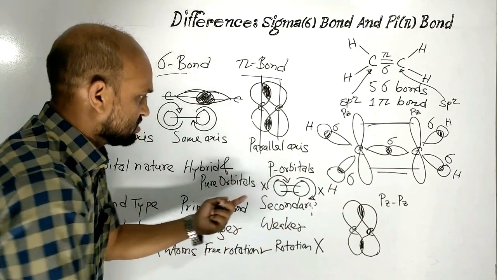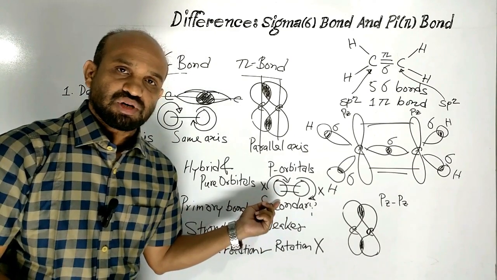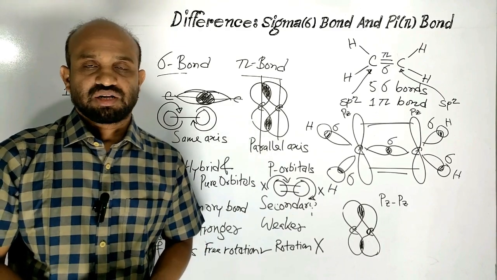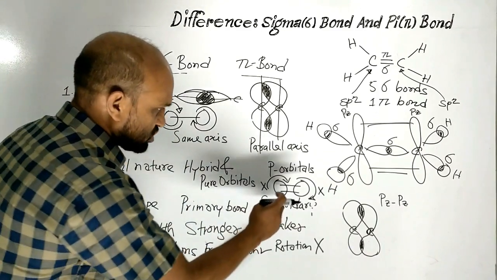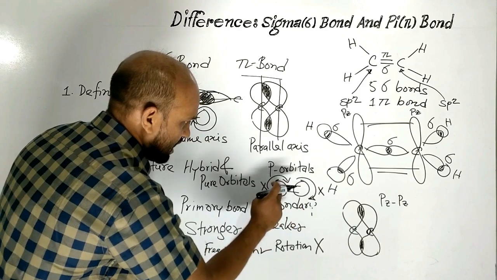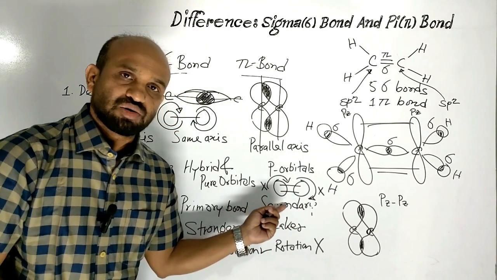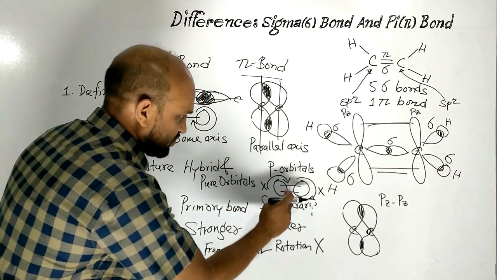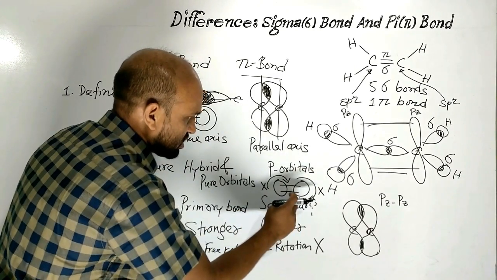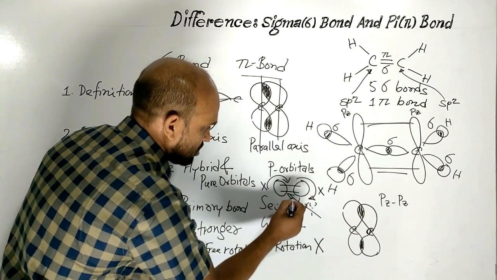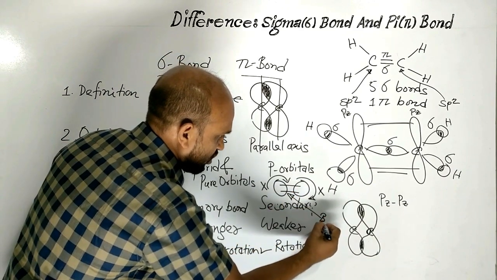because in this case two bonds are present between two atoms. One is sigma bond, another one is pi bond. Because of these two bonds, the atoms along the pi bond axis cannot rotate freely. If the atoms are to rotate, the pi bond would have to be broken.